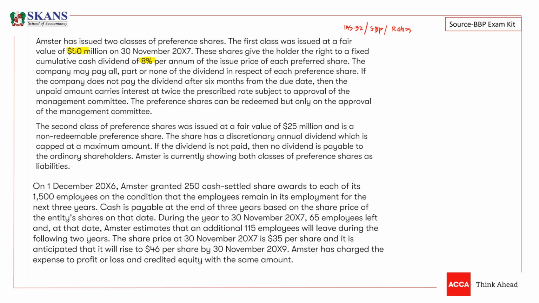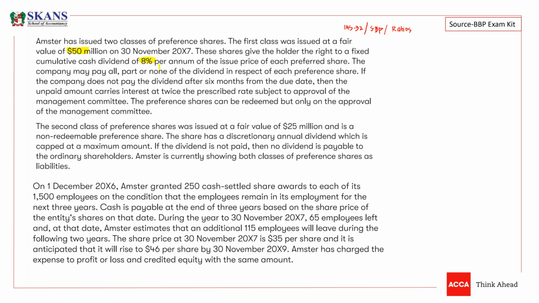The company may pay all, part, or none of the dividends in respect of each preference share. This is really important, that the company can decide whether they want to pay all the dividend. All the dividend means, 50 is the total amount, 50 into 8% will give us 4 million.